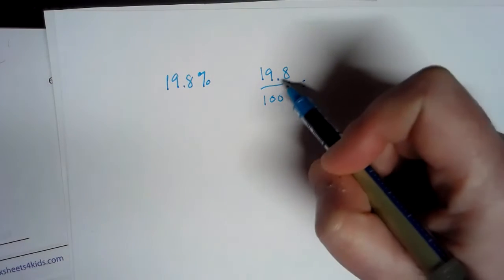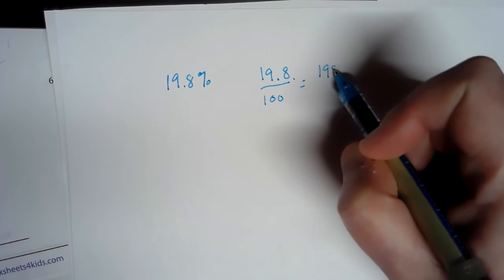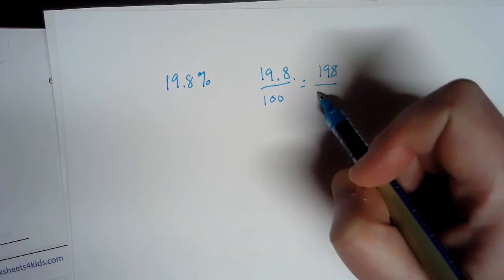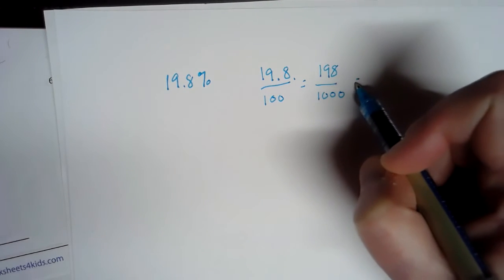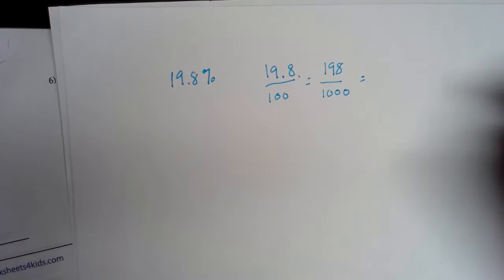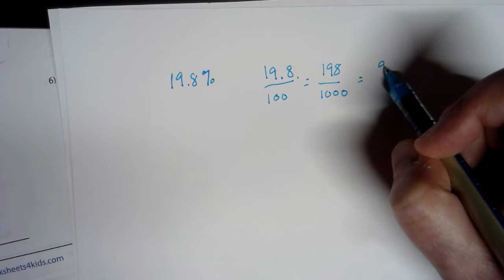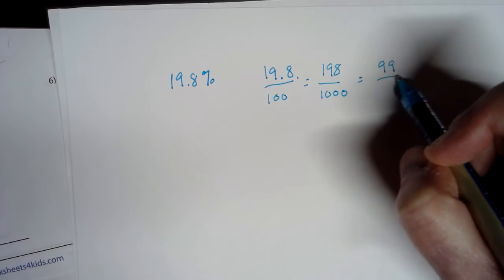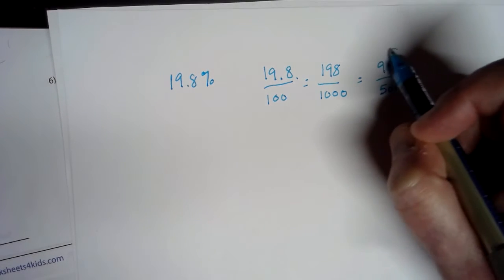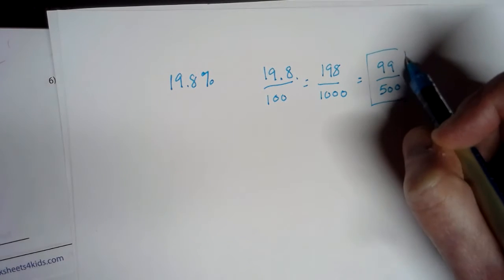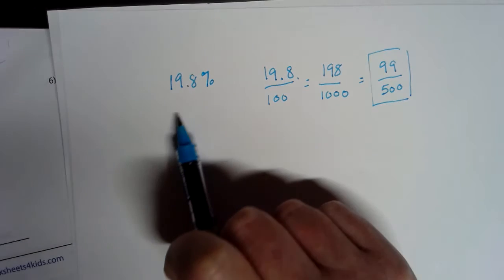So move that decimal over, so this is 198. And that means you add another 0 to the 100. And if you reduce it, you can reduce 198 to 99 and 1000 to 500. So your fraction is 99 over 500 for 19.8%.